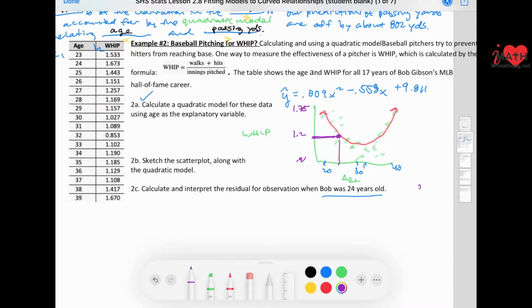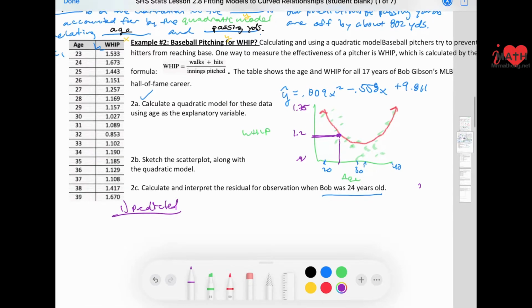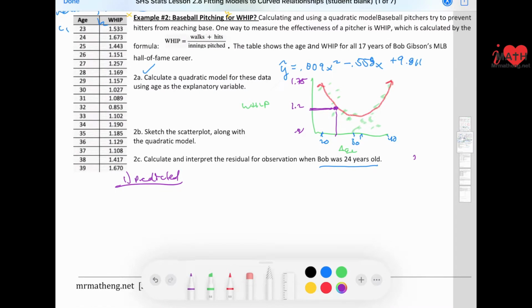But let's calculate it. So let's get the predicted. With x equals 24, I'm going to put in 24 here, and when you calculate it out, you will get a predicted of 1.603.